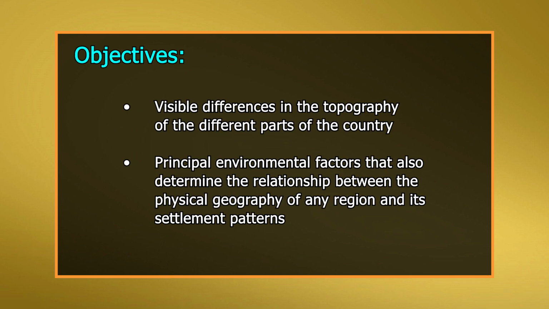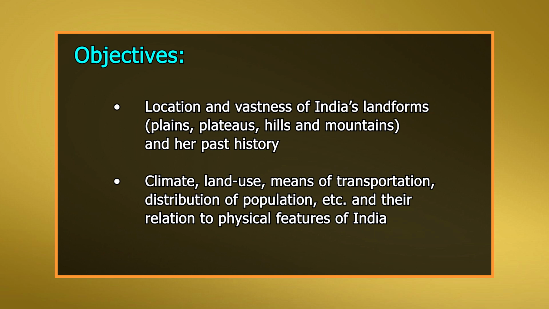The main focus will be to better understand the visible differences in the topography of different parts of the country, to study principal environmental factors that determine the relationship between the physical geography of any region and its settlement patterns, the location and vastness of India's landforms, plains, plateaus, hills, and mountains, and her past history, climate, land use, means of transportation, distribution of population, and their relation to physical features of India.